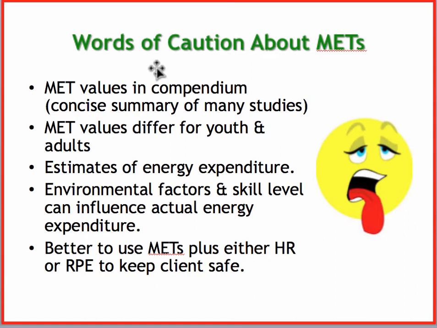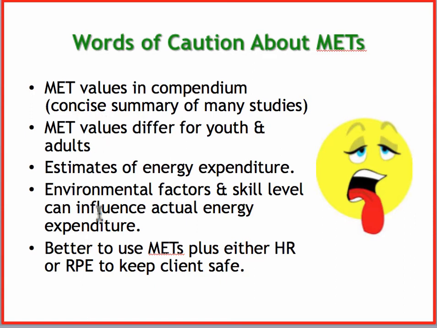If you calculate in METs that your person should be using this much oxygen, they may not be using this much oxygen because they are at a different fitness level, or a different size than the people that those MET values were determined in. But they're a good estimate of energy expenditure, and if you're working with youth, the MET expenditure differs from adults, so you want to use a youth MET table.